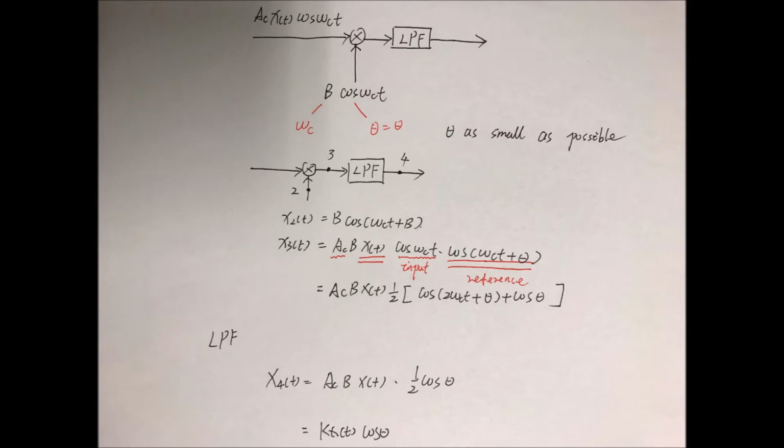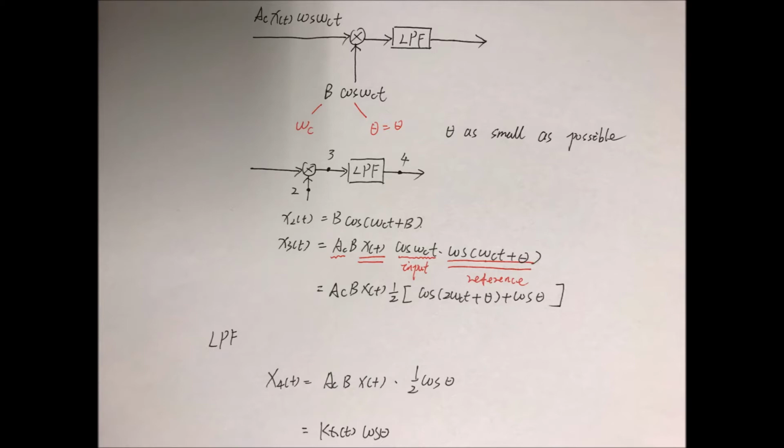So we have these two phase angles, the summation and the difference. Now my signal will go through a low pass filter, so the high frequency part will be blocked and removed.